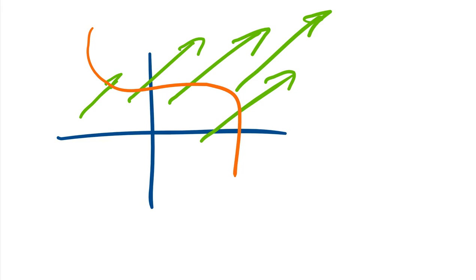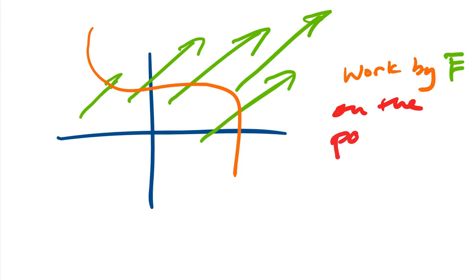what we're going to look at is the work done by the force field F. So that's the part in green. The work done by F on the particle going along the path.